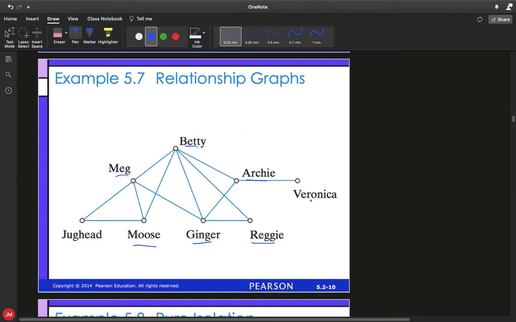But Betty is not friends with Veronica, since there is no path directly connecting her to Veronica. There's no edge there. And also, Betty technically would not be a friend of Jughead either, just because, again, there's no edge directly going from Betty to Jughead.